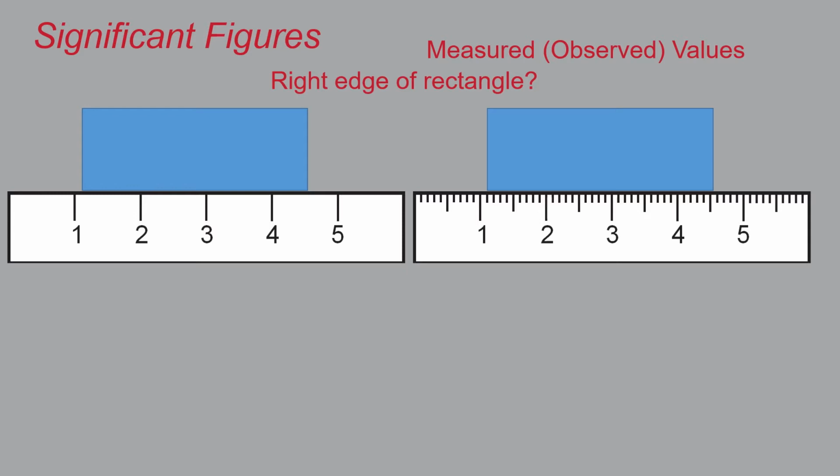So let's say you were tasked with measuring the edge length of this rectangular object, and you had two rulers represented here, and let's pretend that these are centimeters. Intuitively, which one do you think is going to give you a better answer? Hit pause, take a minute to think about it, come back.